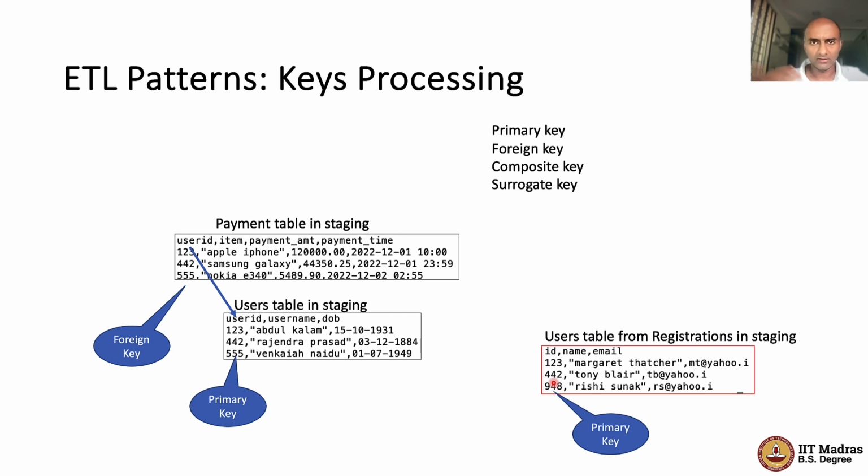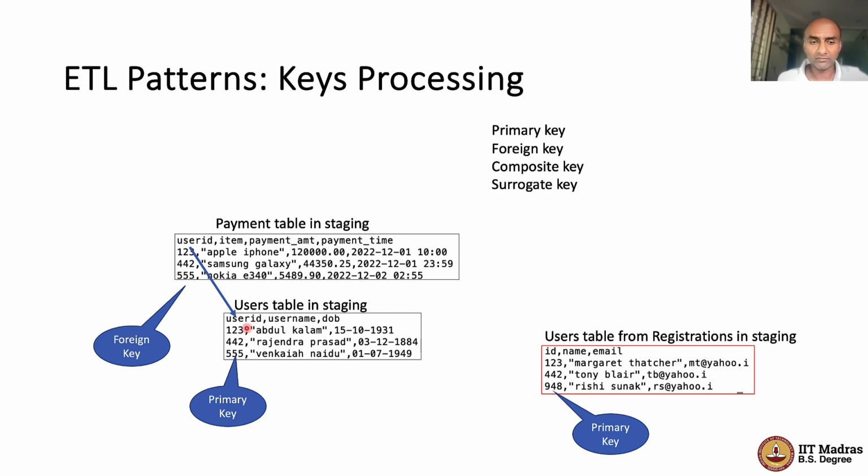That's natural because its business process wants to track every single unique user that's registered for my loyalty program, and the name and the email address are populated. So that table has one primary key which has a set of values. Notice that the users table in the payment system has its own primary key, which is user ID. The column names do not match, but that's not important.